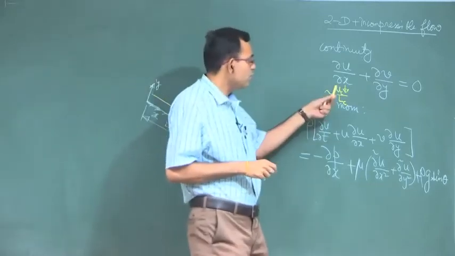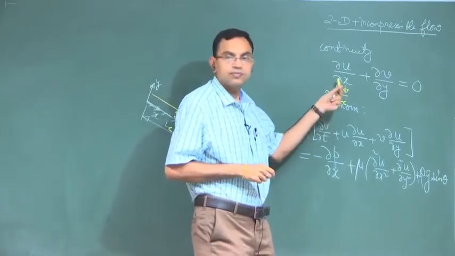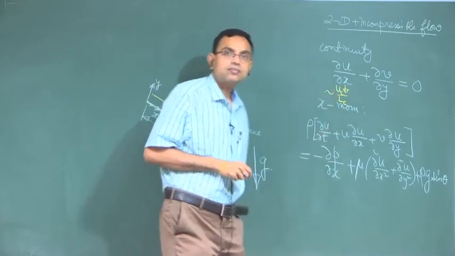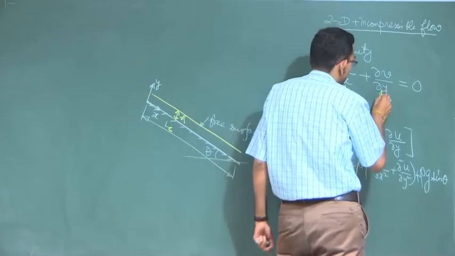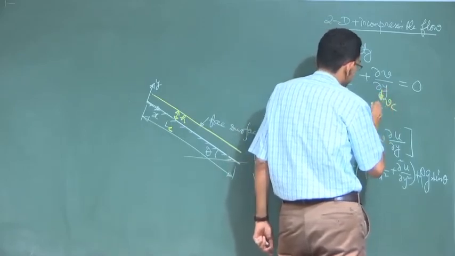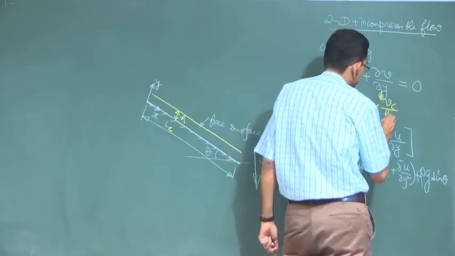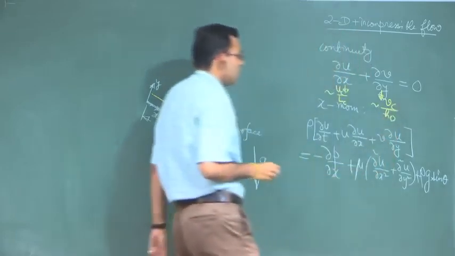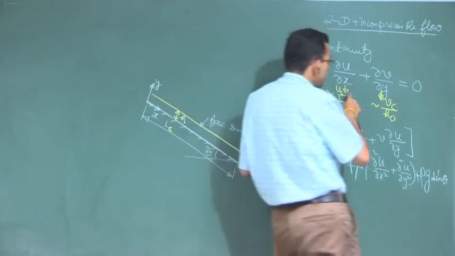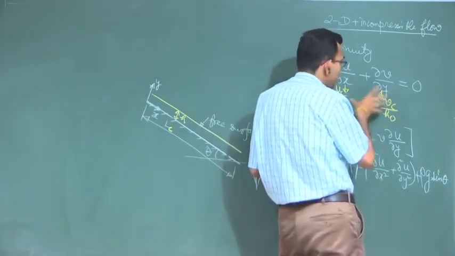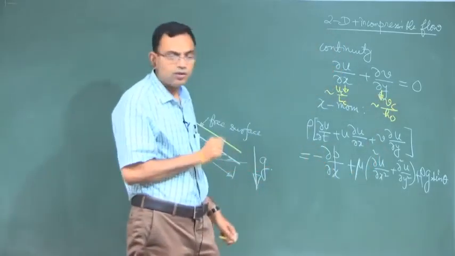Here we do not know what is Uc, right. So, this Uc is not known, but what is known is that Uc and Vc are related through the continuity equation.